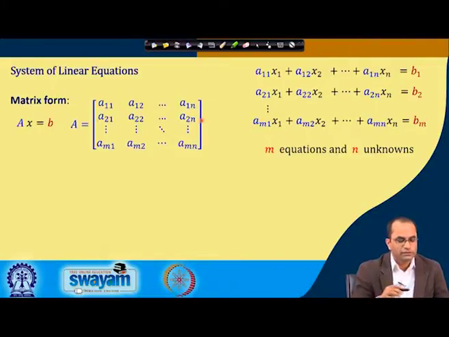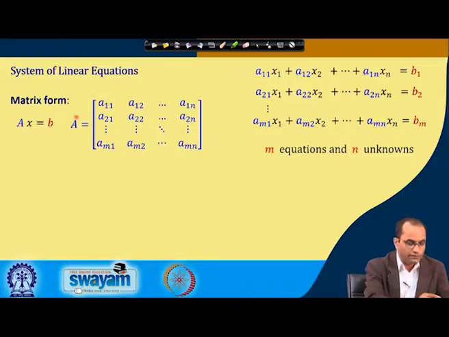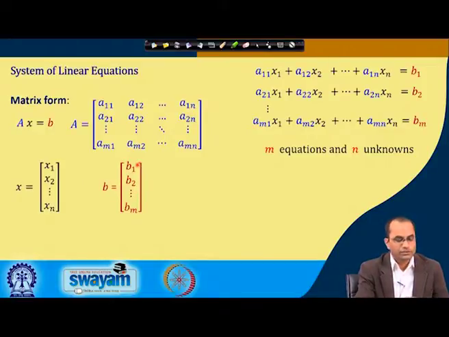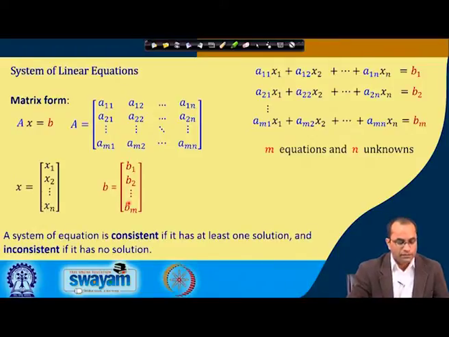The second row contains the coefficients from equation number 2, and the last row contains the coefficients of the mth equation, am1, am2 and amn. Then we have the vector of unknowns x1, x2, x3, xn, and the right hand side vector b, whose components are b1, b2, b3 and bm.